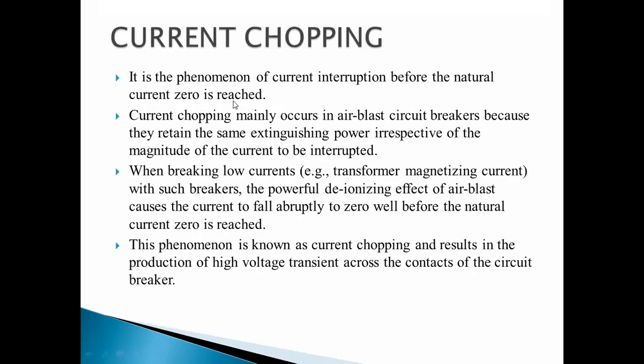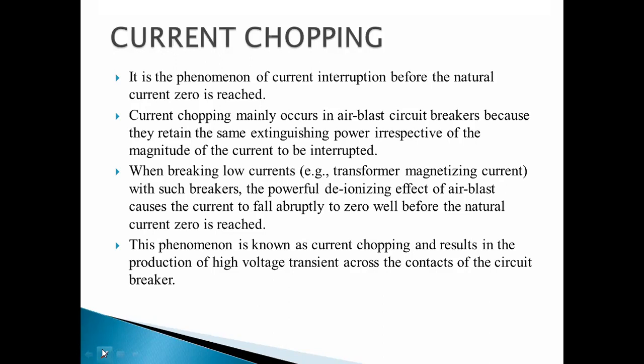Then we have seen the current chopping. Current chopping means what? When we consider any wave, there is a point 0 where the current becomes 0. But in current chopping, what happens? There are some equipments, for example a transformer, where there are low magnetizing currents, very low in magnitude.